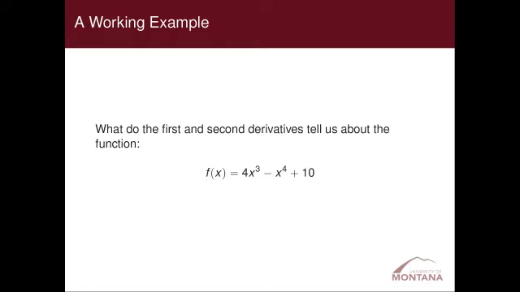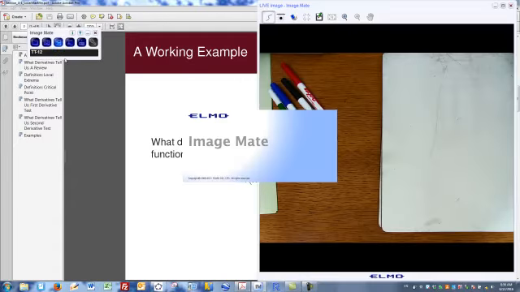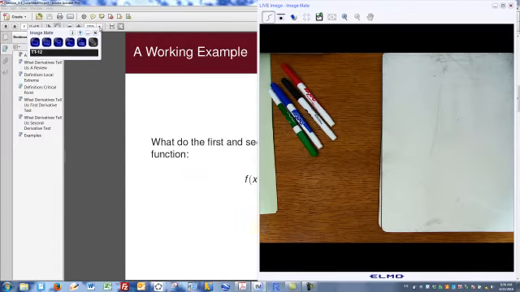So let's do a working example first. Let's take a look at this function, 4x to the third minus x to the fourth plus 10. So classic polynomial. Let's go ahead and get into a picture of what we have.